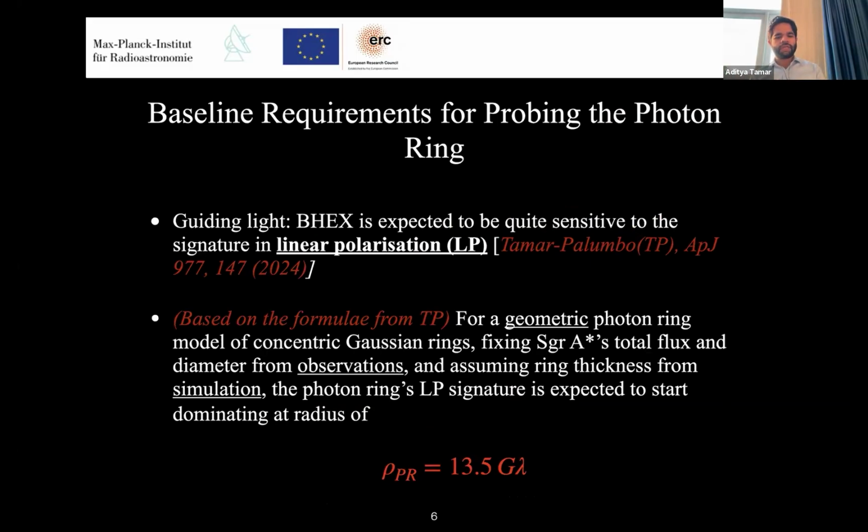You fix Sagittarius A star's total flux from observations. You assume the ring thickness from simulations because that's still poorly constrained. The photon ring signature in linear polarization will start to dominate at this radius of 13.5 gigalambda. And it's a fairly clean result, and this number will reappear again in the not so distant future.